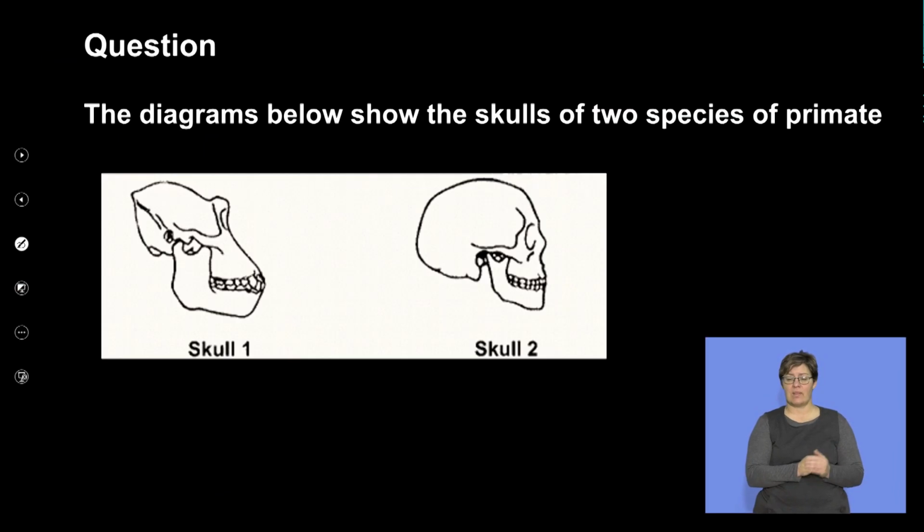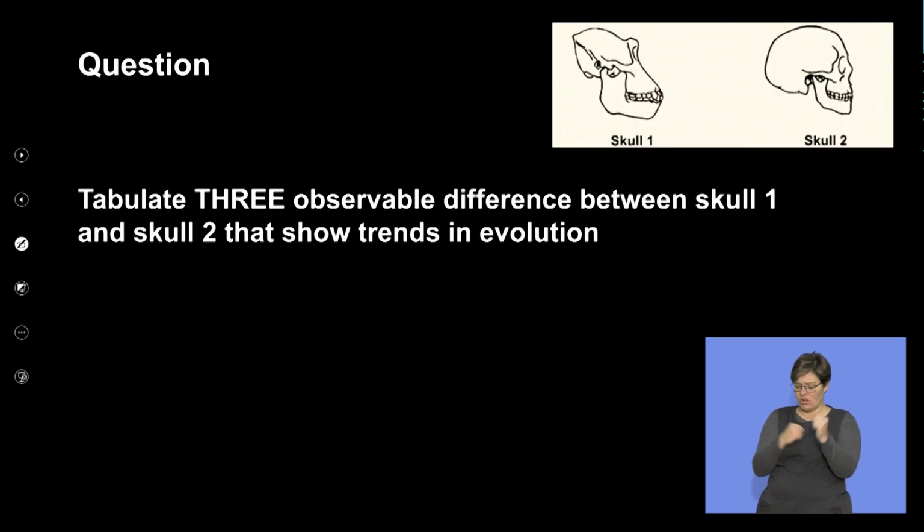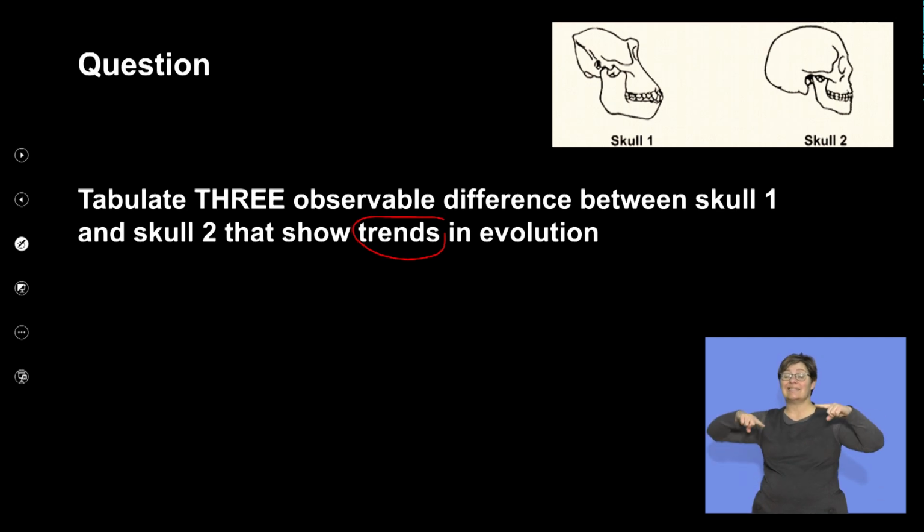So it tells me here, the diagrams show the skulls of two species of primates. So here you are totally reliant on what the structures are. Okay, the first question. Tabulate 3 observable differences between skull 1 and skull 2 that show trends in evolution.